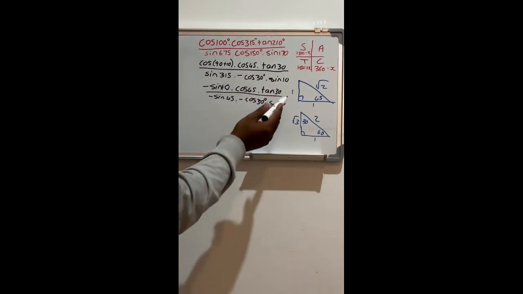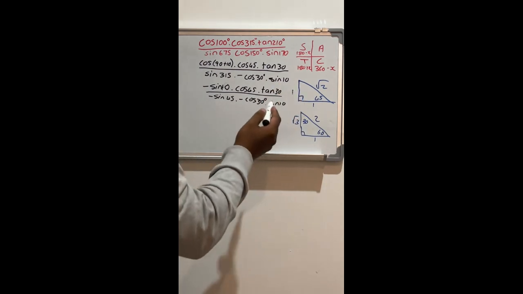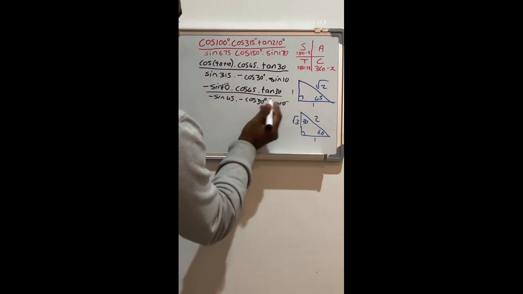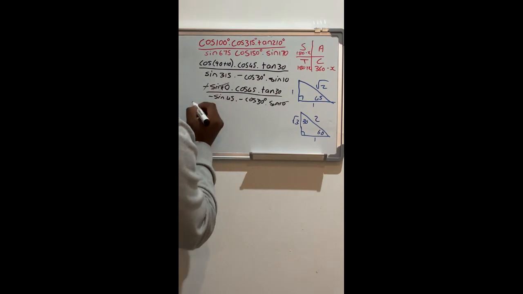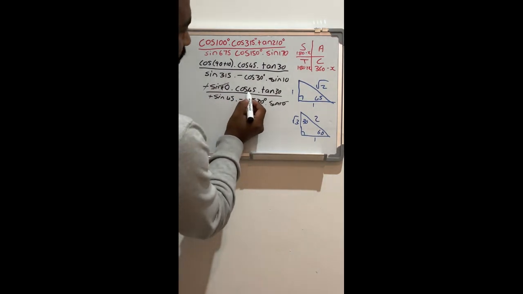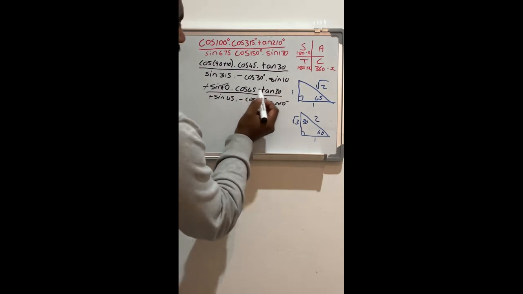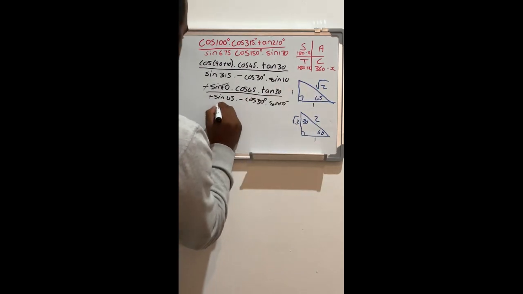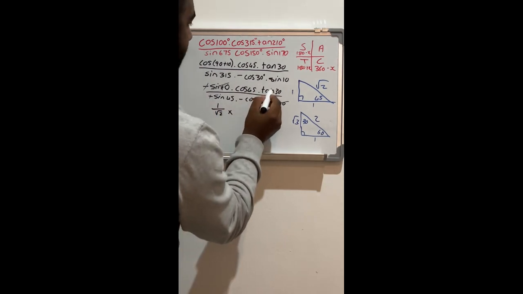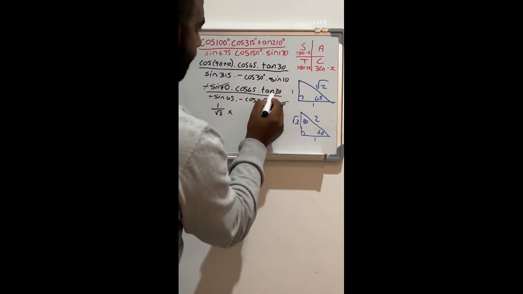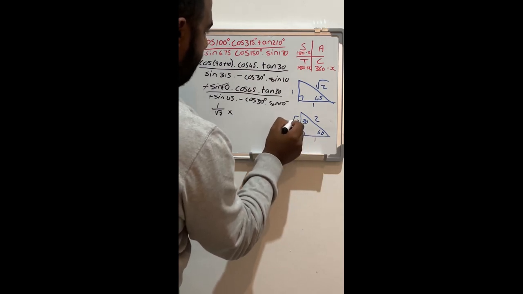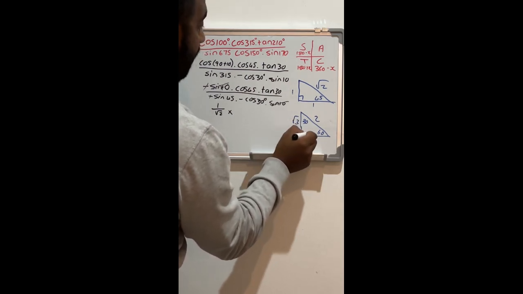So before we go over to the special triangles, because we can't use a calculator, we can see we can cancel out the sin 10 with the sin 10. Then we cancel out the minus with a minus, so there's one minus left. So then cos 45, cos is adjacent over hypotenuse, so that's 1 over square root 2, times tan 30, which is opposite over adjacent.